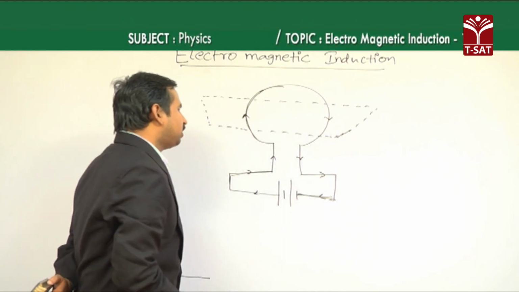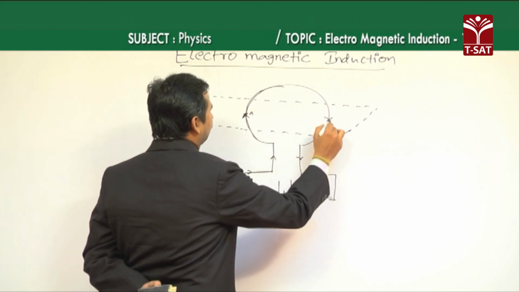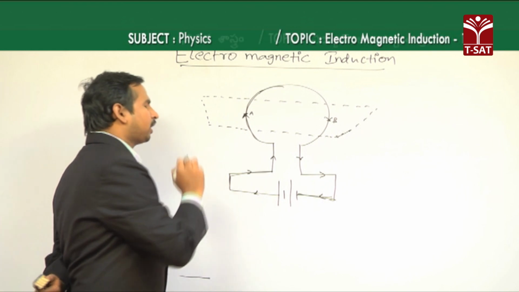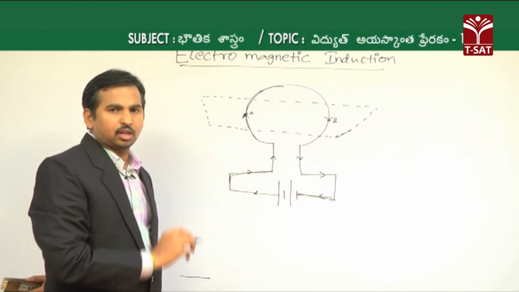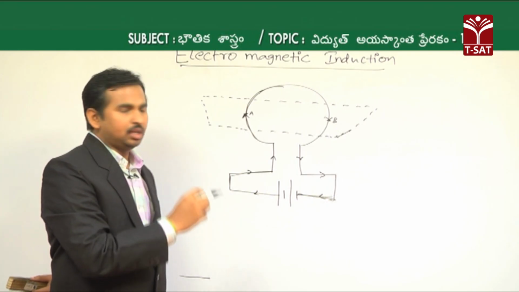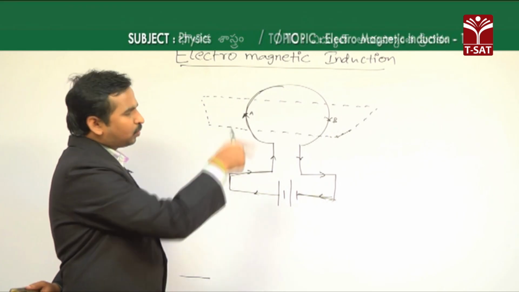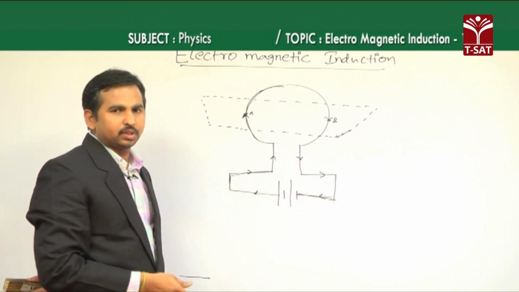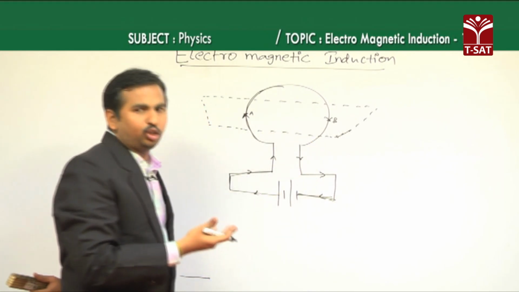Okay. So, at these 2 points, let them be point A and point B. What we observe is, at point A the current is coming upwards, out of the plane. Whereas in the same coil at point B, on the other side, the current is coming downwards, into the plane.